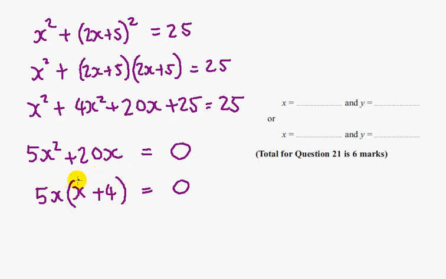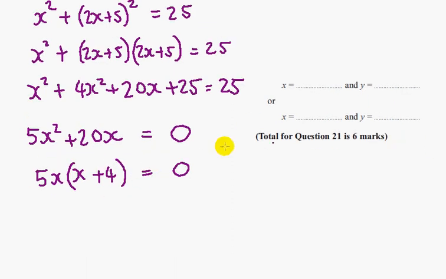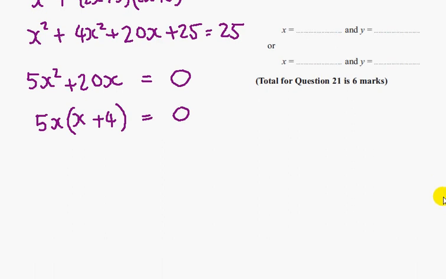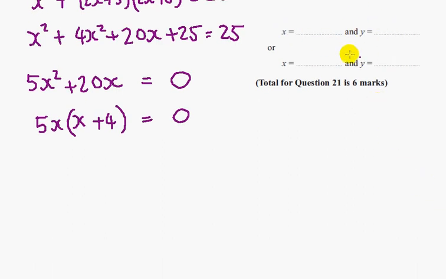If inside of this bracket is equal to 0, then the whole thing will also equal 0. And we can see this is 5x squared plus 20x. And we know if we were to draw that out, that's going to be a parabola with two solutions. And there's the two solutions here we have to figure out.